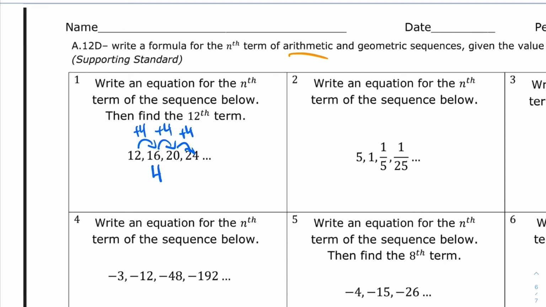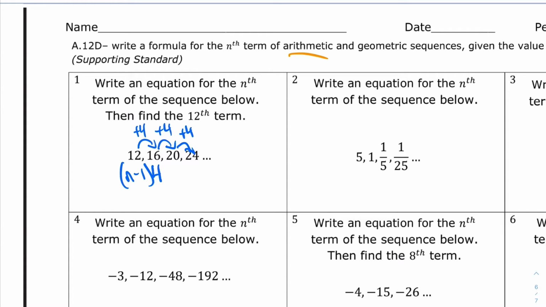That number 4 is happening over and over again, but it's just being a plus 4. Because it's only a plus 4, we need to multiply it by something else to make it happen repeatedly. What we have to multiply by is n minus 1. n minus 1 times 4 will add the number 4 repeatedly a certain number of times.